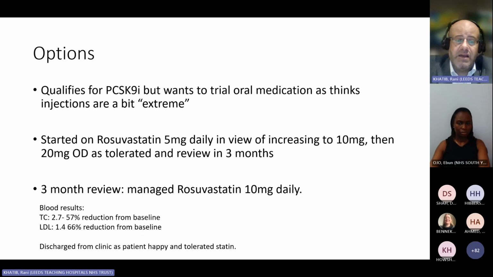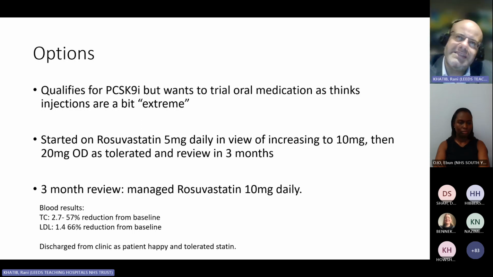His LDL came down nicely, a 66% reduction. It's very important to remember that statin response figures, like the 55% or 50% reduction we're likely to get from statins, depend on many factors, and these are averages.